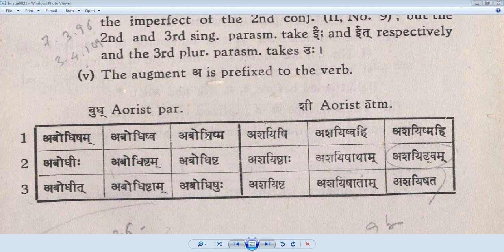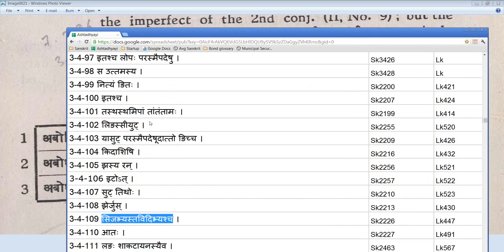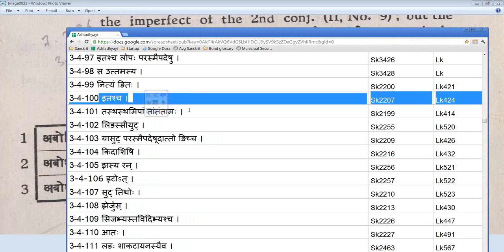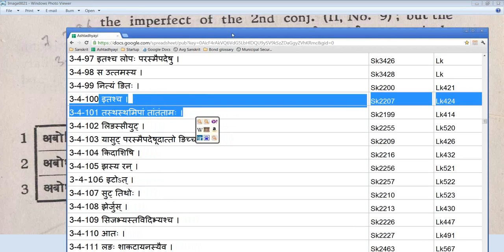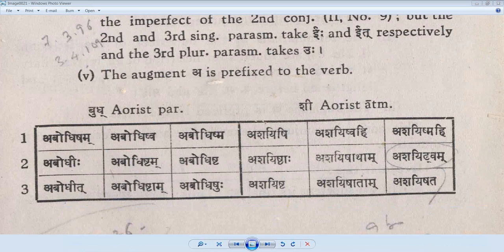Only thing is nityam nyataha, nityam dhiraha, uttam purusha sakara, ending sakara, uttam purusha pratyaha, nityam nyataha. That is 3.4.99. This anuvritti of nyataha comes from itascha and tasastamipam tam tam tamaha, nityam nyataha. So that ending sakara or the uttam purusha pratyaha, it goes away.